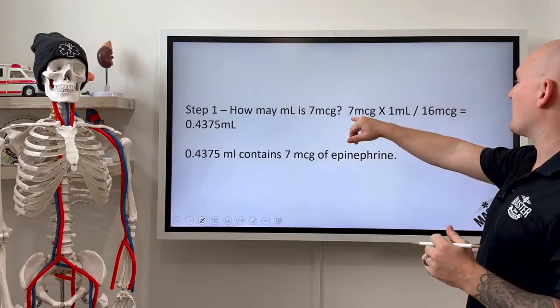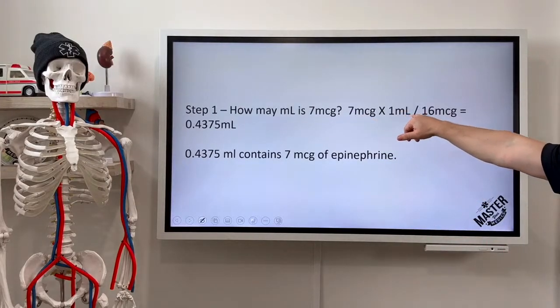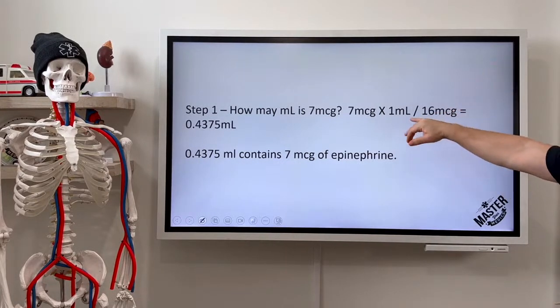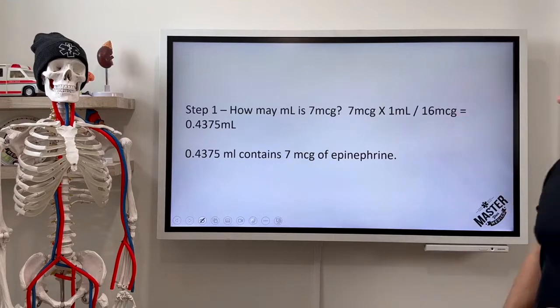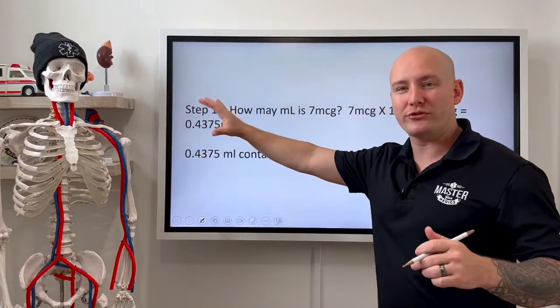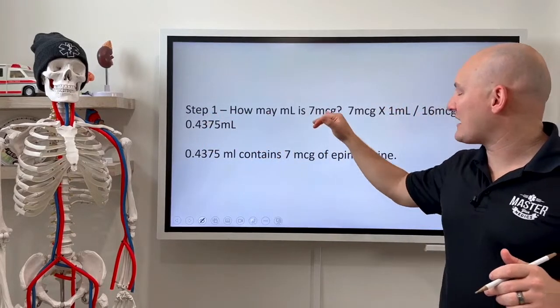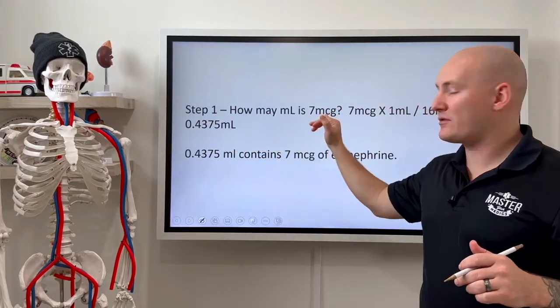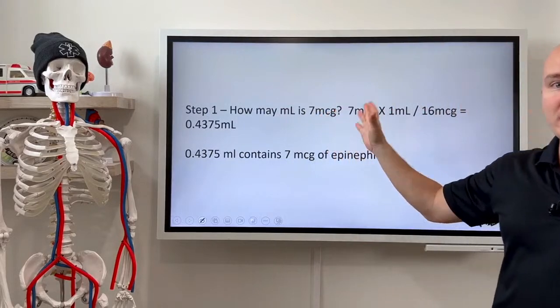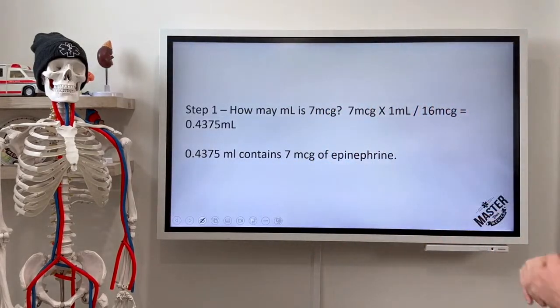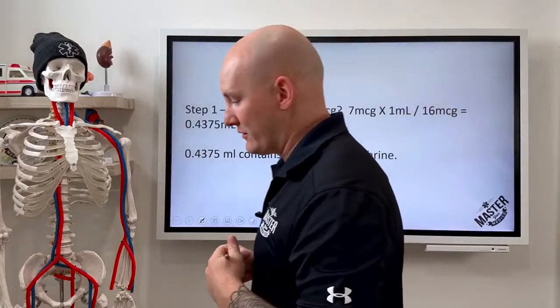So 7 micrograms divided by 16 micrograms, because we know that's 16 micrograms per mil. 7 divided by 16 gives you 0.43, almost 0.44. That's how many mils have 7 micrograms. We need this in order to create our flow. That's the first step, figuring that part out.